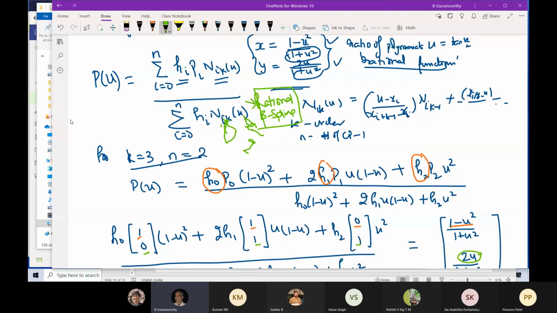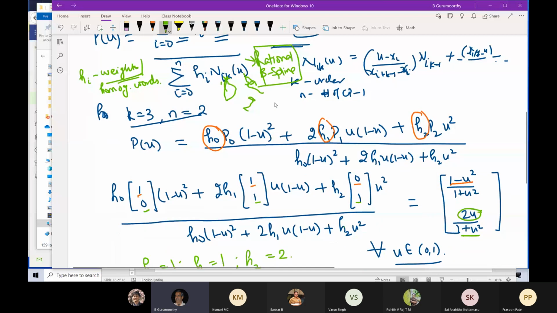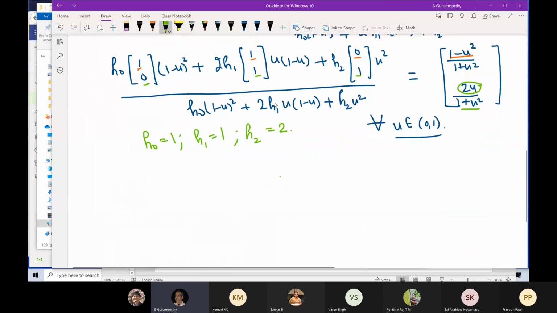And hi are defined to be the weights, or what we call homogeneous coordinates. You'll see that in these books. Weights are a good enough term. So that seems to satisfy your need for capturing the conic section.